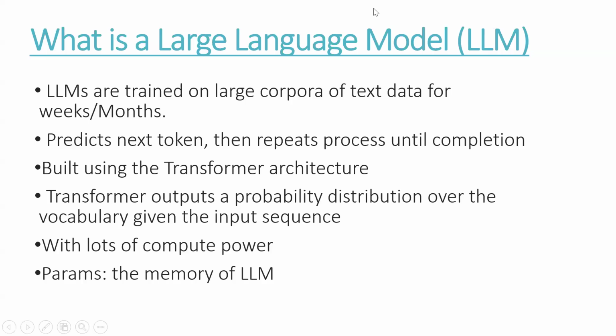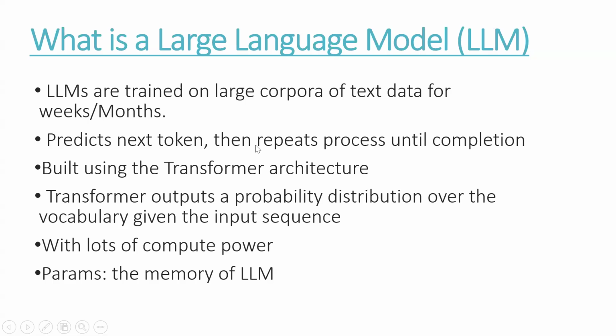Now, what these machine learning models do is predict the next token, then repeat the process until the completion. So in our previous models, we were passing some numbers, some features, but in these models, we pass tokens. There is a term called token. A token can be referred to roughly as a word. So we have tokenizers.